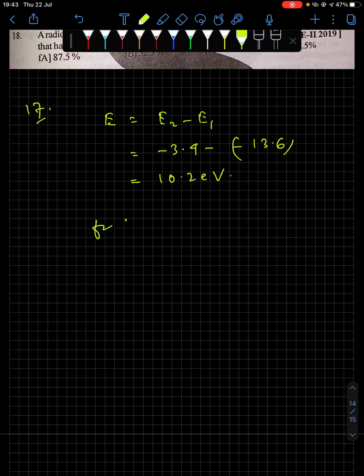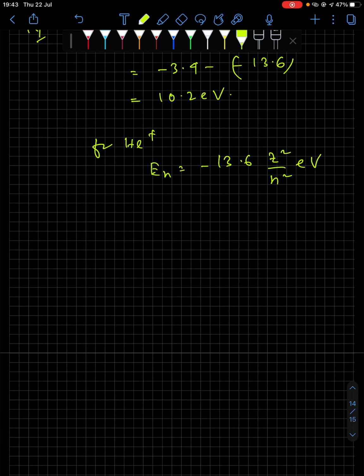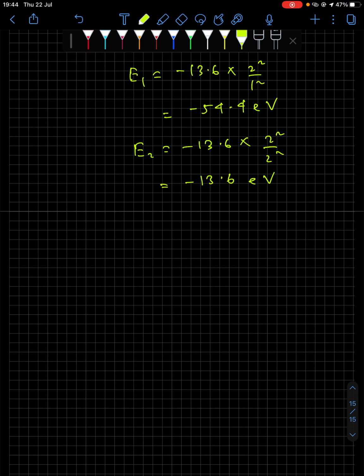Okay. Now for helium plus, you have to do some calculation. For helium plus, En is minus 13.6 Z square by n square electron volt. So E1 will be minus 13.6 into 2 square by 1 square, that is minus 54.4 electron volt. E2, the first excited state, is minus 13.6 into 2 square by 2 square, which is minus 13.6 electron volt.